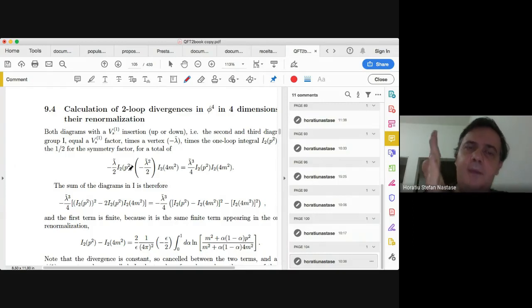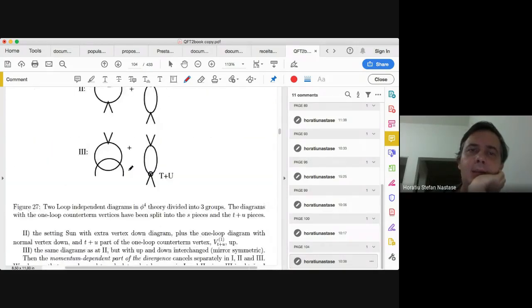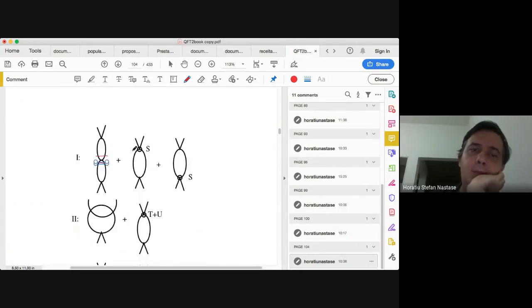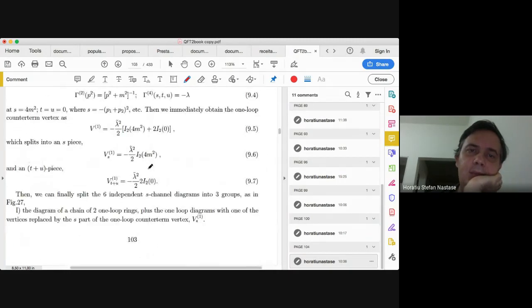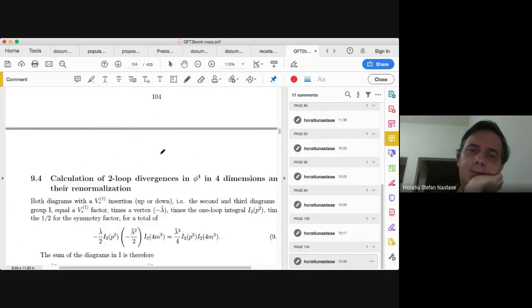Okay, that's the part that's independently one loop. But then I have to put the one loop vertex counterterm. Right, so I have to put this, moreover, only the S part. But I know what that is. I've calculated it. That was this, minus lambda tilde squared over 2 I2 of 4m squared.